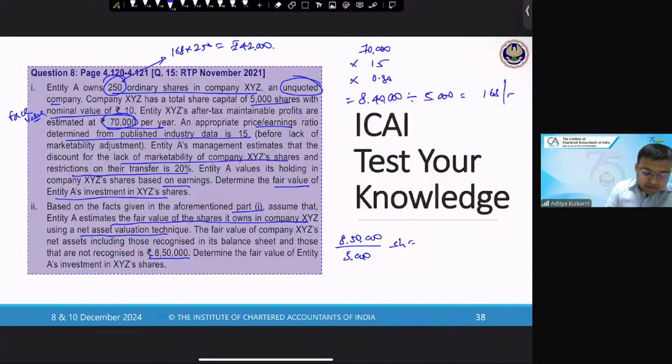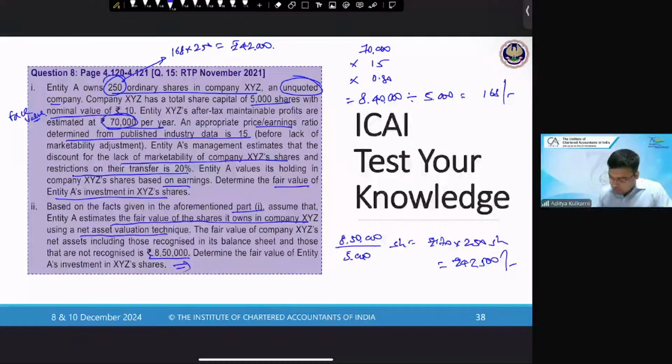So 8,50,000 by 5,000 is 170. And this multiplied by 250 shares gives rupees 42,500. Absolutely right. Fair value of A's investment is 42,500.